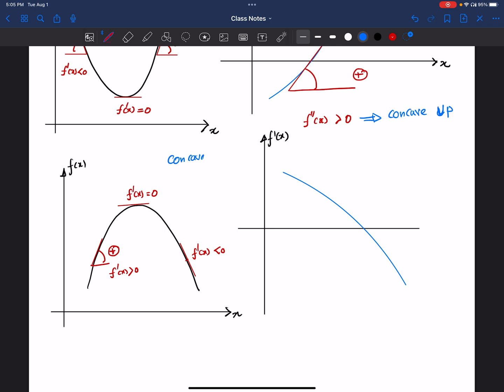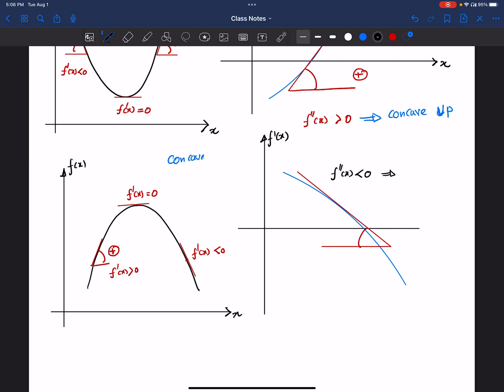If I draw a tangent line to this curve, the slope of this tangent line is negative, so f double prime of x is less than 0.